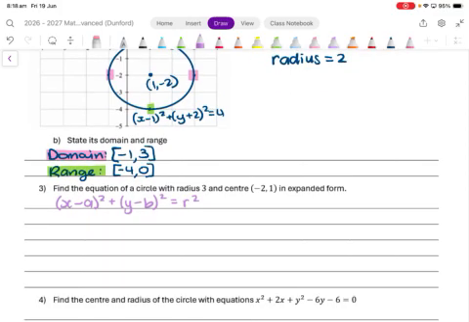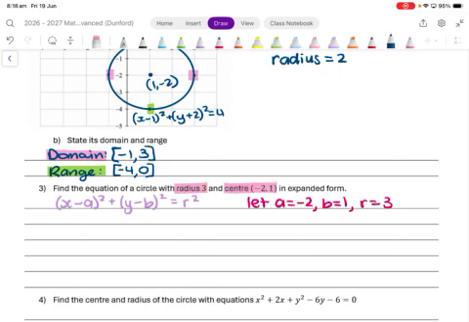Now, what we have to do from here is substitute in both our centre and our radius into this to get our circle. So we are going to let a equal minus 2, b equal 1, r equal 3. We're just going to write that off to the side. That is because our centre is (minus 2, 1) and our radius is 3 from our question.